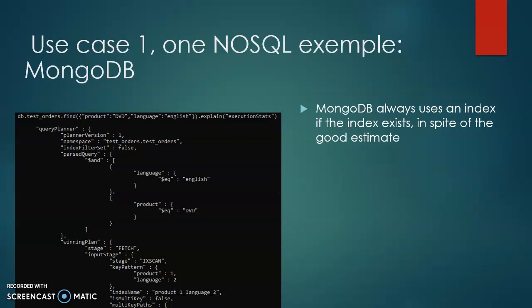Another case: we built the same example with the MongoDB database. So we are looking for the product type and the language type. But what we realized is that MongoDB is always using the index if it exists, even if it is not making a good estimate.